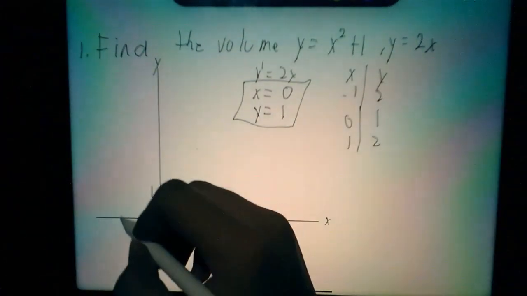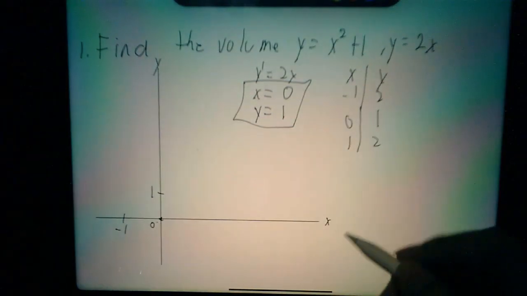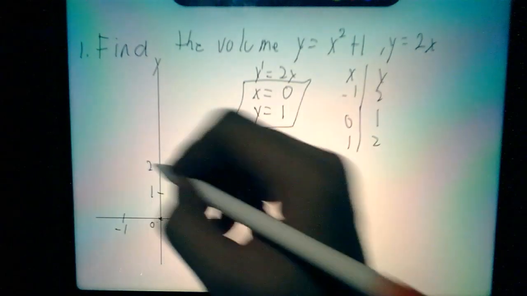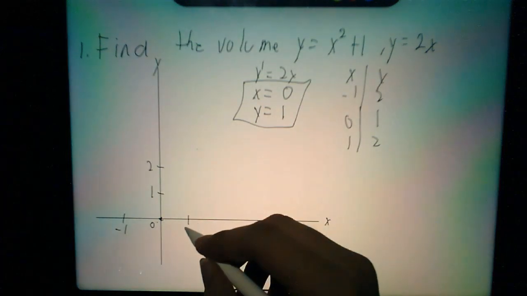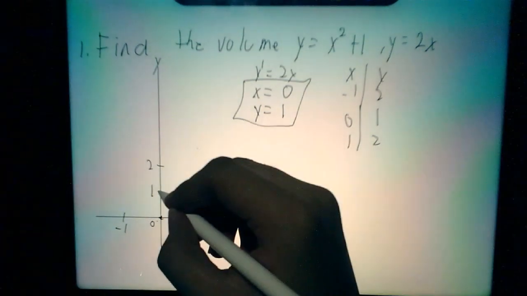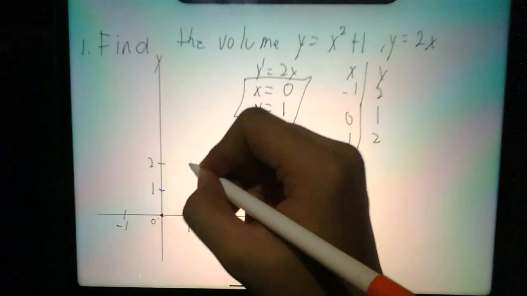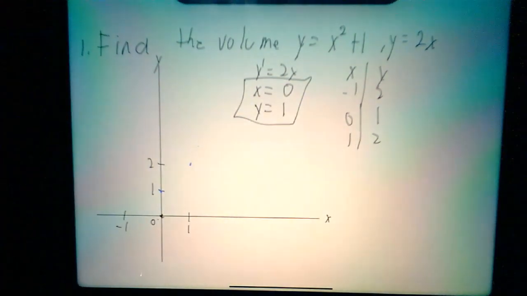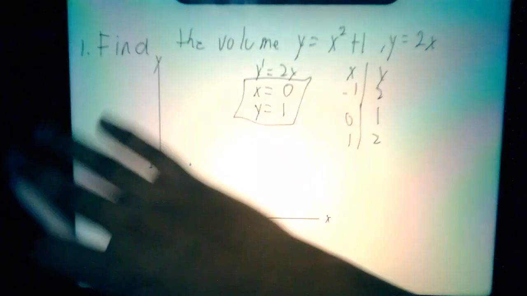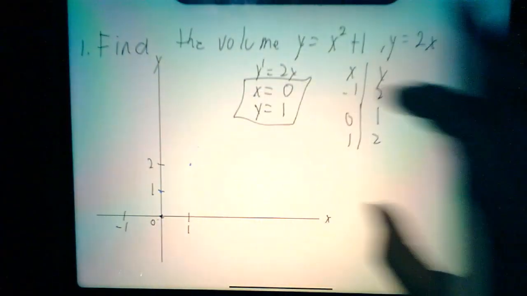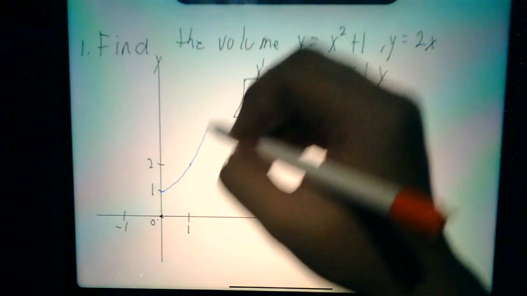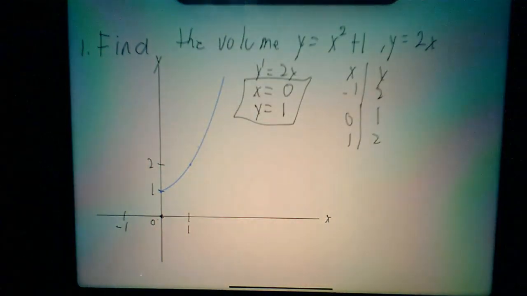So if x equals negative 1, our y becomes 1, and x equals 1, our y equals 1. So these are our points for our parabola. Never mind this part, just the right side only. So put a curve there.